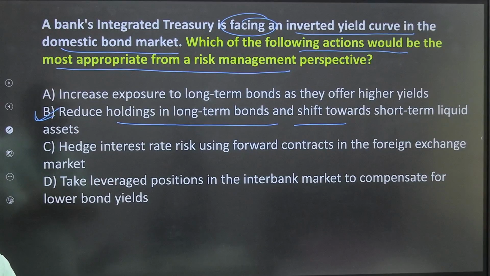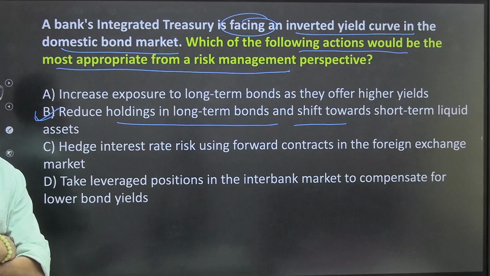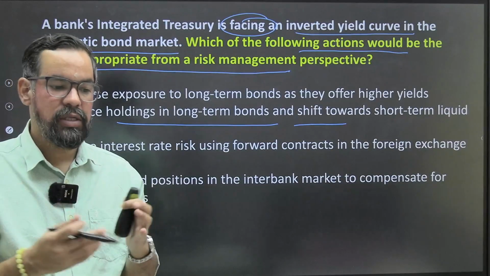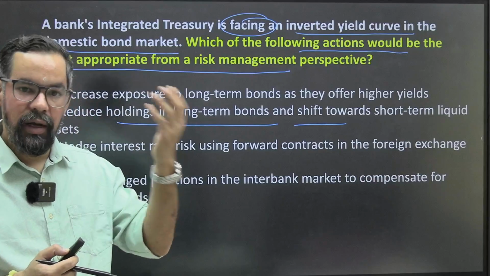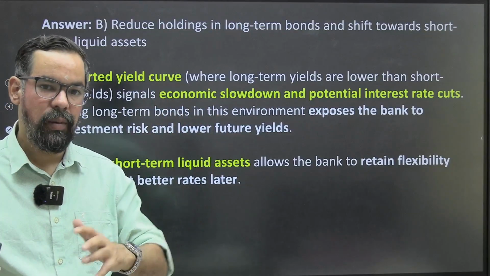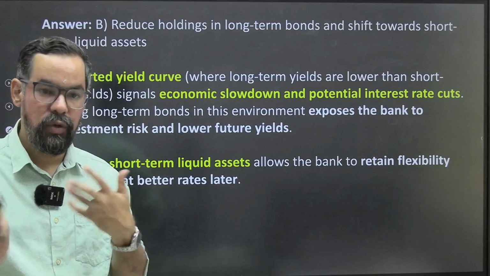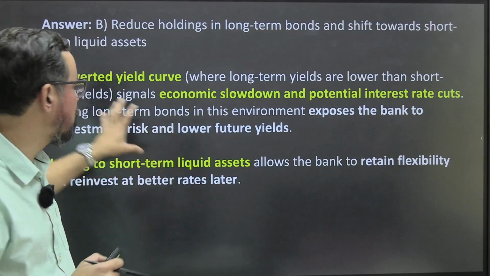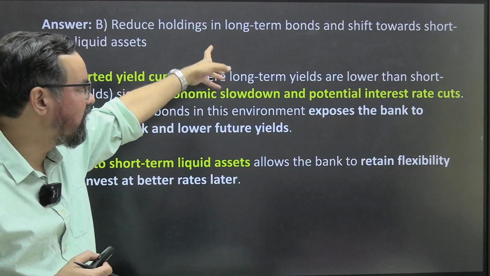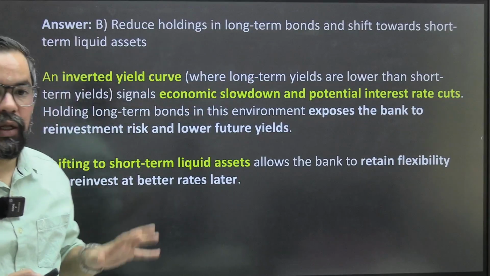Let's say it is a situation where we have an open position in long-term bonds, and the yield, meaning the coupon or the interest, is behaving in an adverse manner, opposite to our position. So the solution given is that we can reduce our holding in long-term ones and shift toward short-term liquid assets.